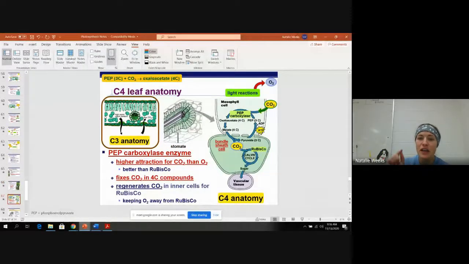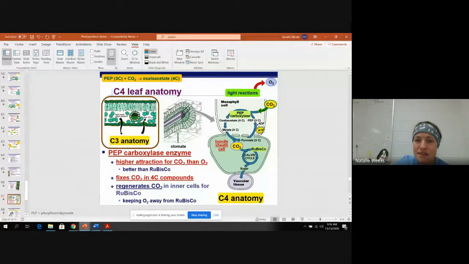If we delve into the inside of these leaves and their anatomy, you can see on the side we have a mesophyll cell, and then on the bottom we have a cell called a bundle sheath cell. These are only going to be in C4 plants. With this, we have our CO2 coming in, and it's being fixed by PEP carboxylase within the mesophyll cell.